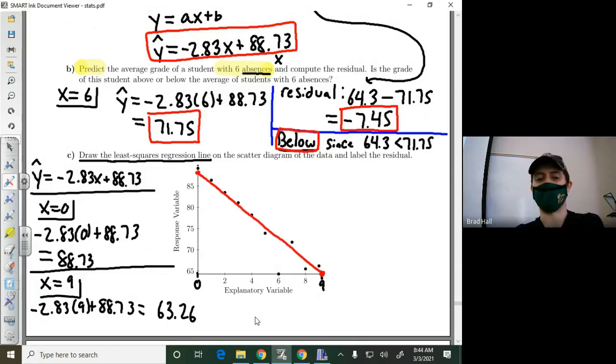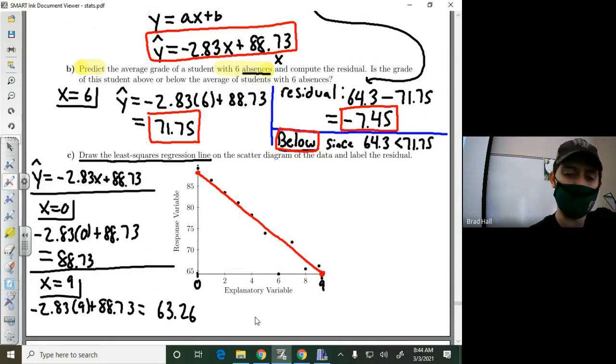And again, notice how the majority of the points seem to be very much centered around the line, but there is one outlier over here. There's that point that's really off to the side. And what they're wanting us to do is, in addition to drawing this line, they also want us to label the residual.